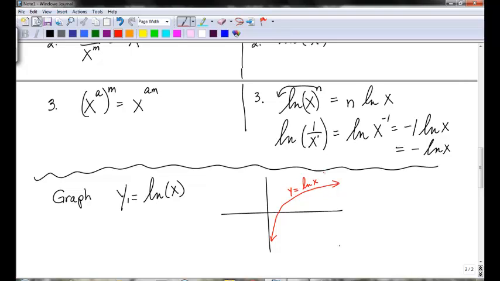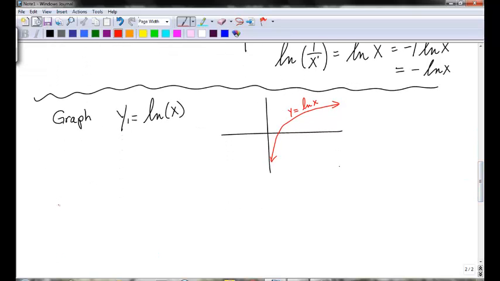Now in y sub 2, I want you to take the derivative of that. So in y sub 2, I want you to do the numerical derivative. It's been a while since we've done this one. It's y sub 1 comma x comma x.